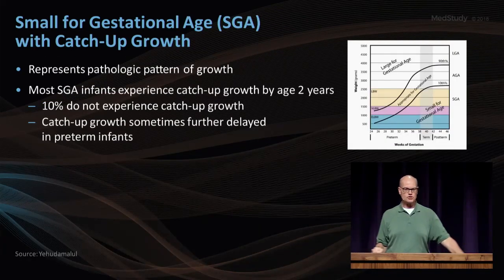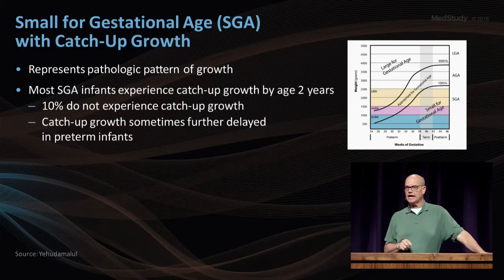Okay, remember also that most children who are SGA, or small for gestational age, will catch up, but about 10% of them, for a variety of reasons, may not catch up.